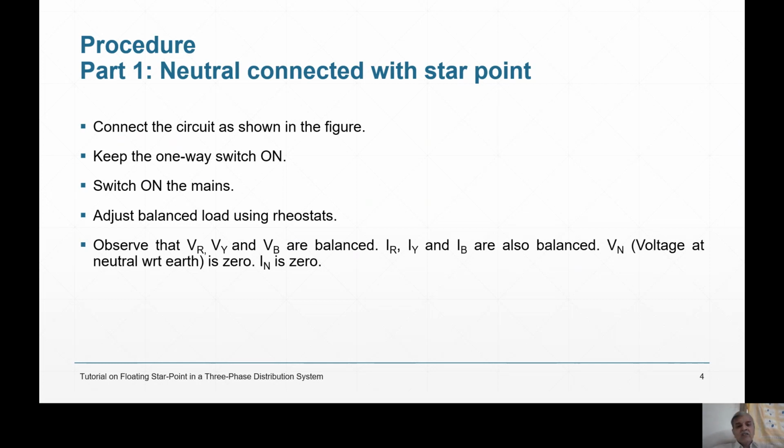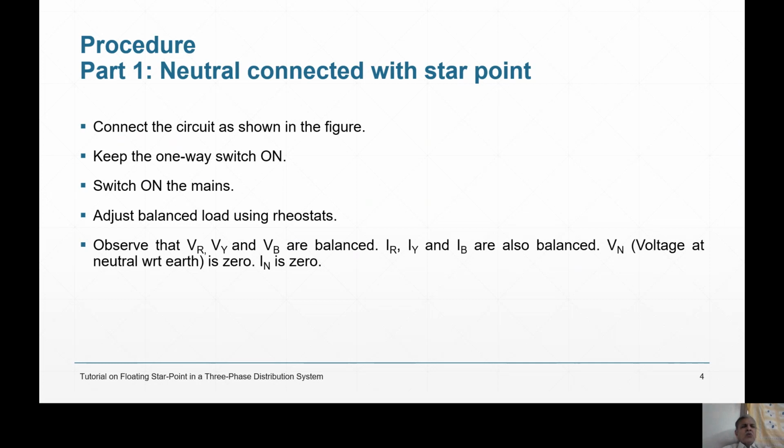Because all currents are equal, VR, VY, VB are equal, because VR is equal to IR into RR, and RR, RY and RB I have kept the same. VY is equal to IY into RY, right? So all three voltages have to be the same.